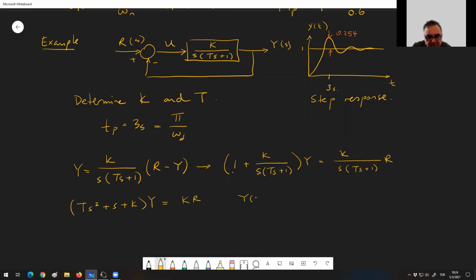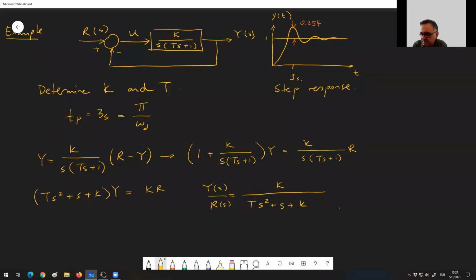So Y of s over R of s, which is the closed loop transfer function, is K over (Ts squared plus s plus K). Or you can write this as K over T divided by s squared plus 1 over T s plus K over T.